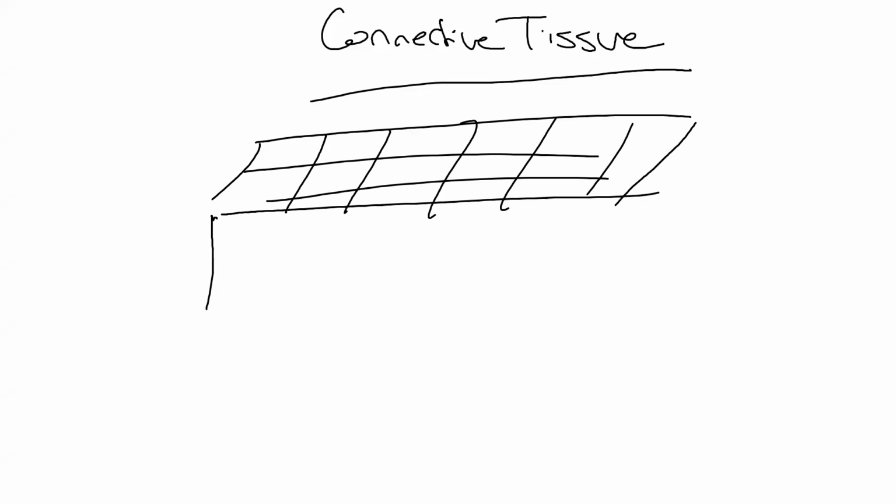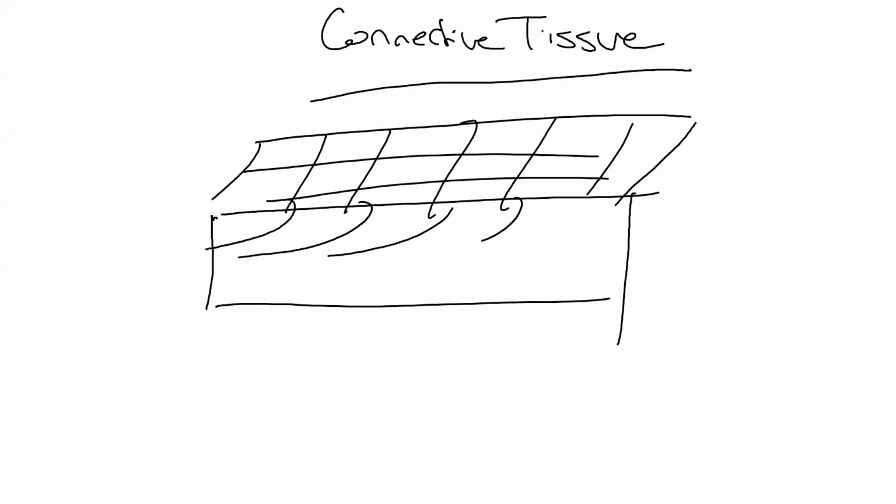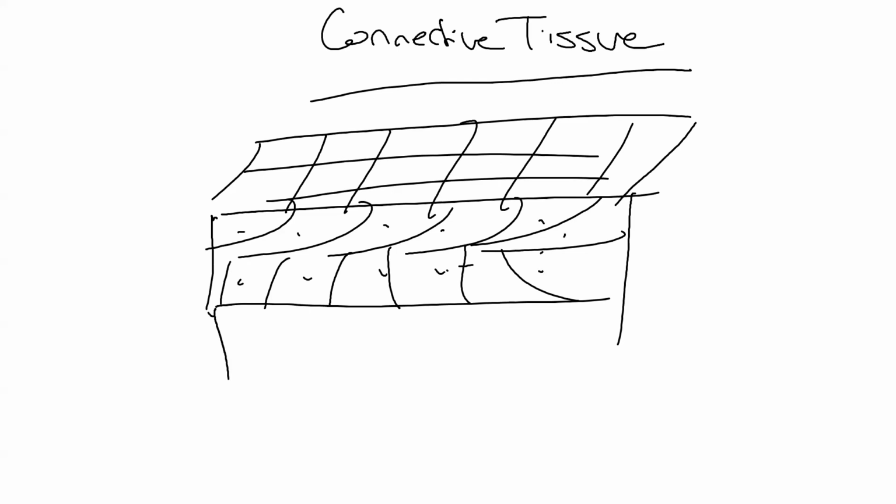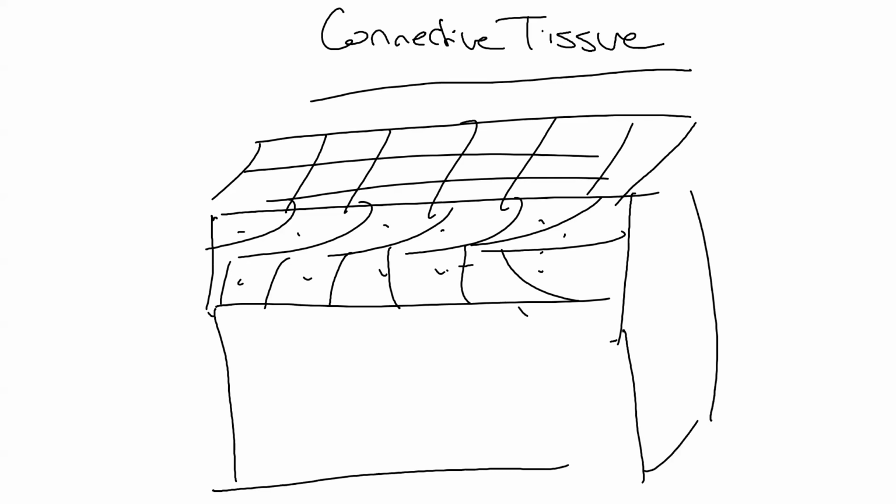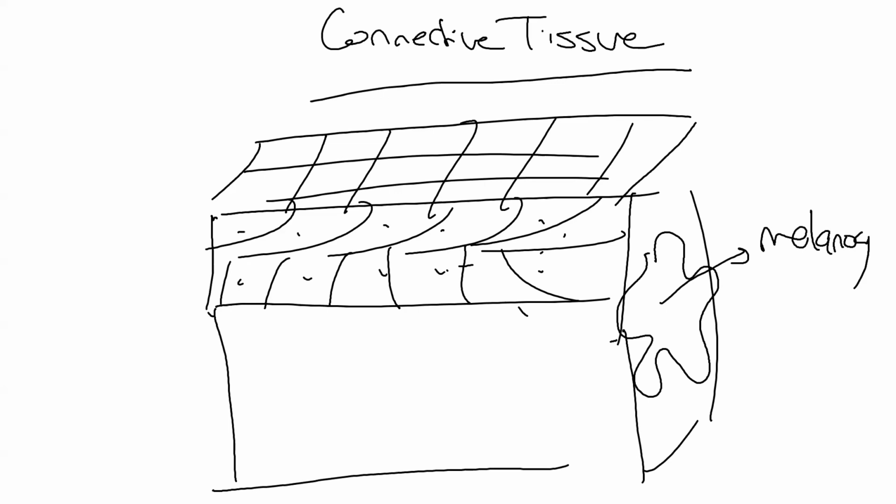Then here we're gonna have the melanocytes. What do these melanocytes do? They secrete the melanin to give the color of the skin.